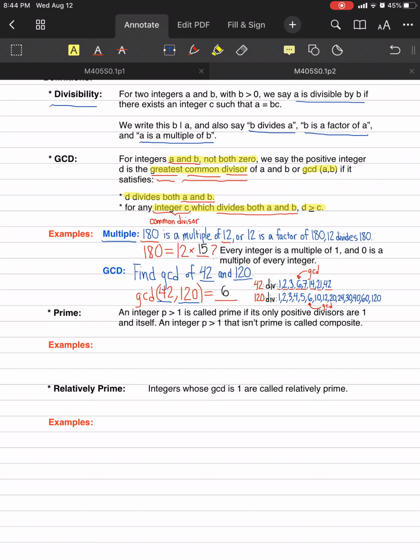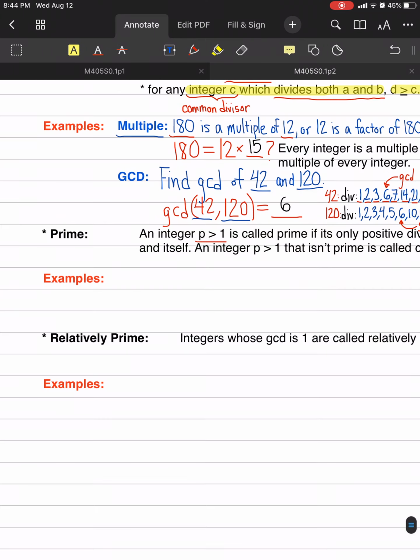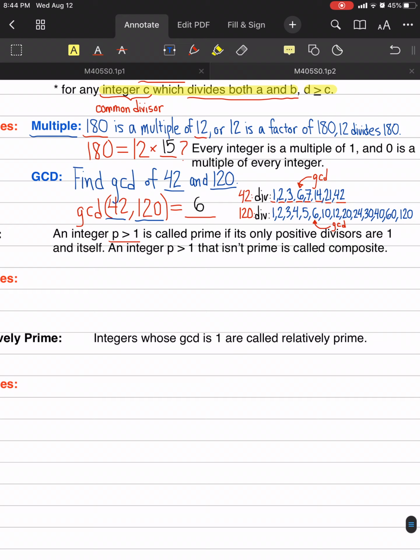We say its only positive divisors are 1 and itself, because we do allow negative numbers to be considered as divisors. And here, you'll notice, we also make the point that the number we're looking at has to be bigger than 1.